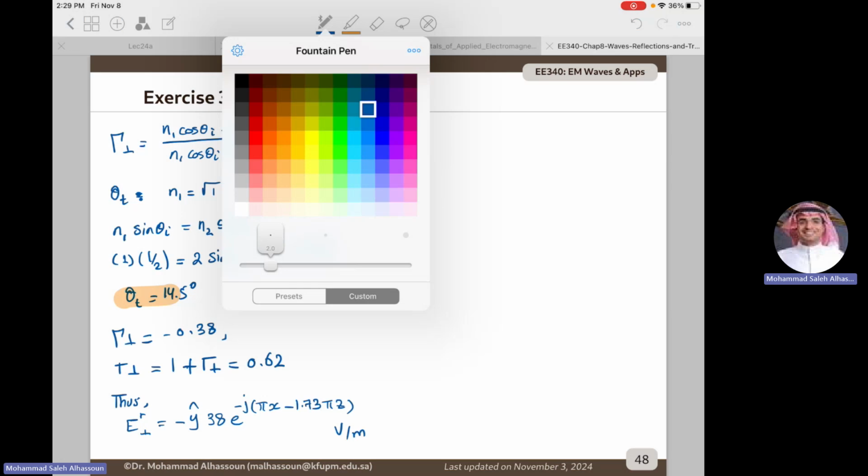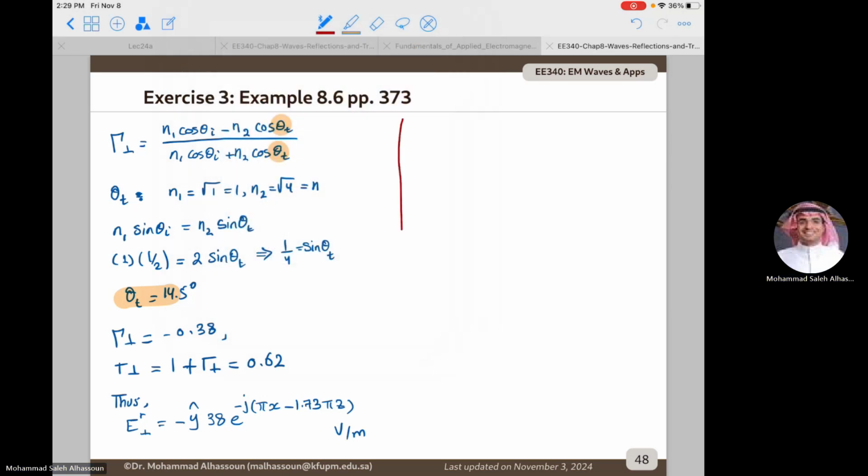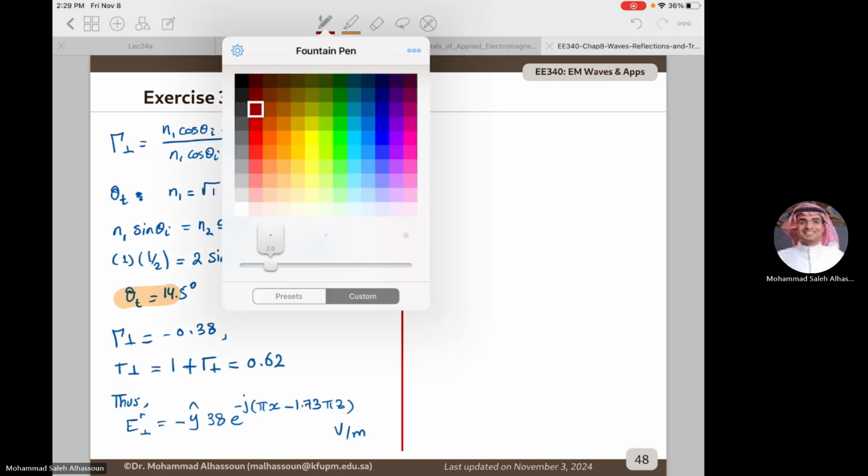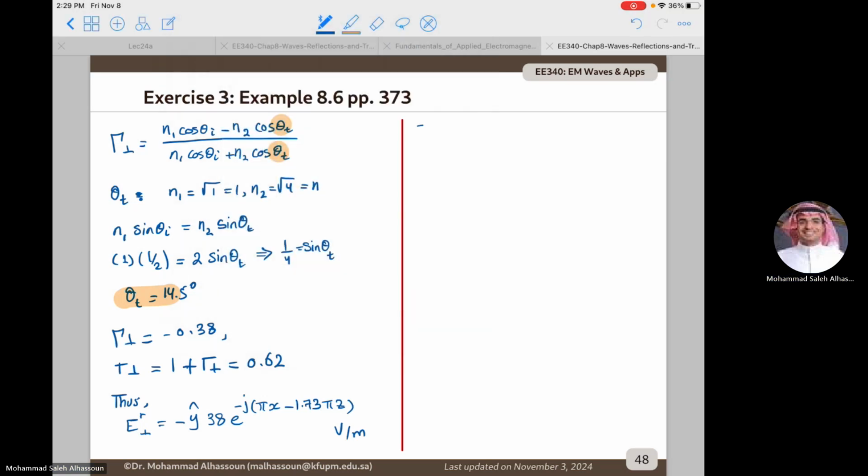So let's compute the total wave in medium 1. E total is simply the real part. And I just want to point something out here, that the total electric field is a function of x, z, and t.